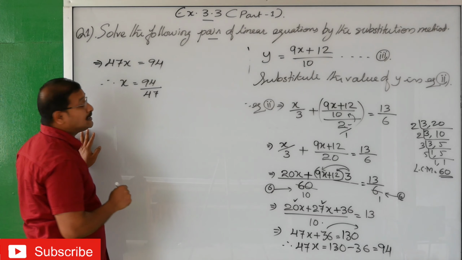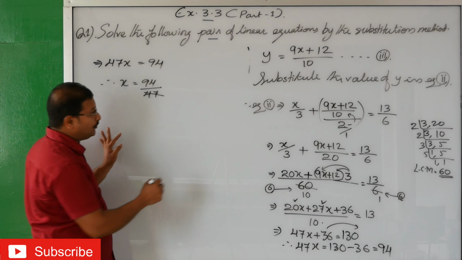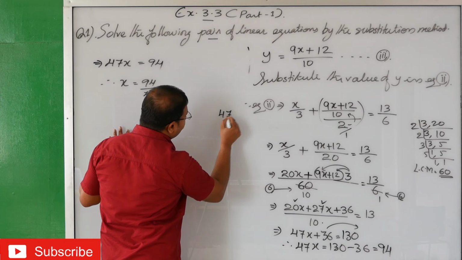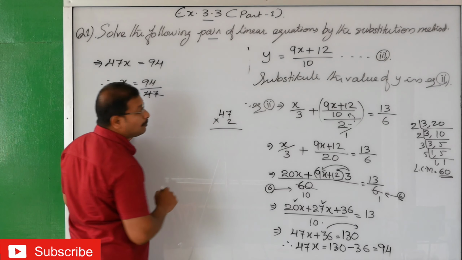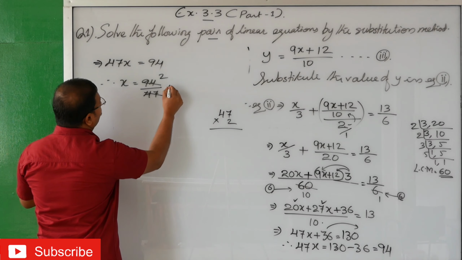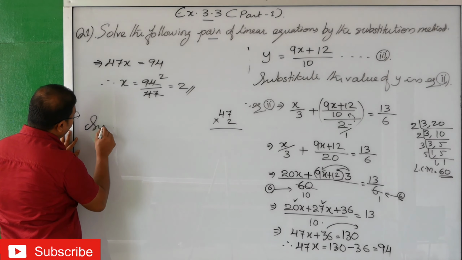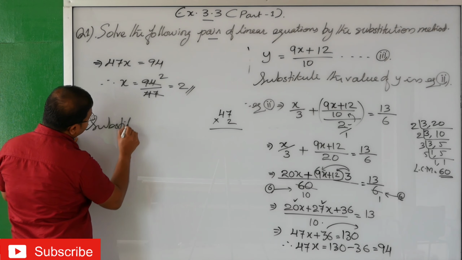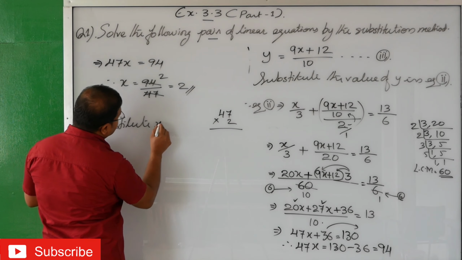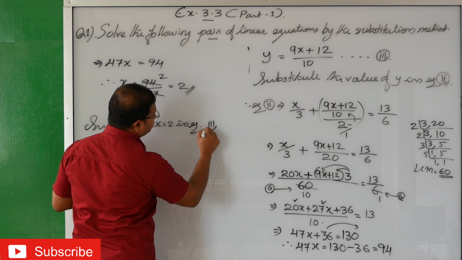Now see, 47 twos are 94. If you have doubt, 47 into 2, you have to multiply and check. Ready? We'll get 94. Therefore, x equals 2. Now what will you write? Substitute x equals 2 in equation 3.